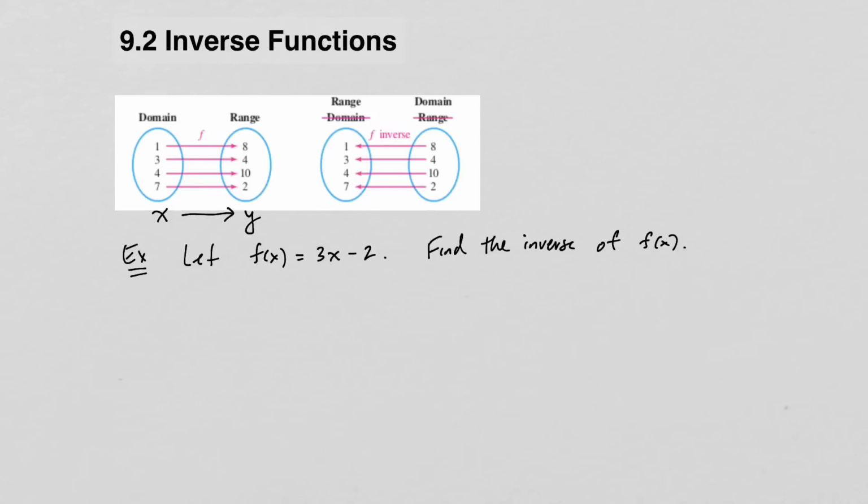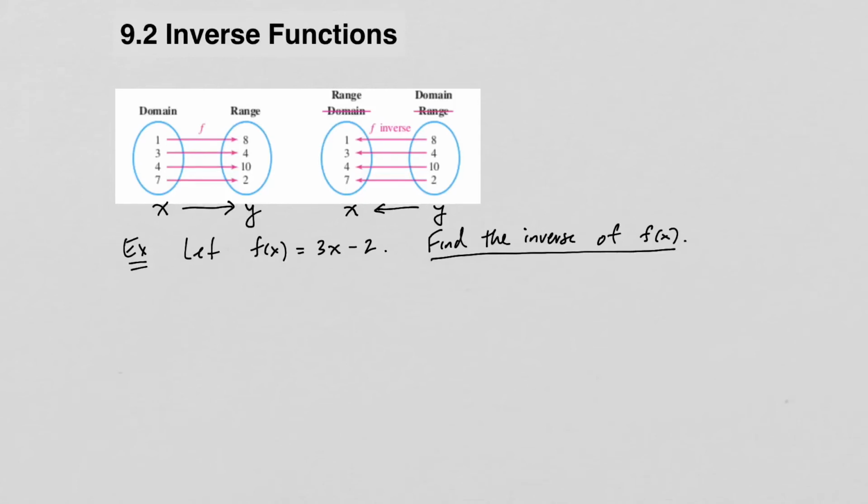And the inverse is going to take those y's and convert them back into x. So the roles of these functions is that x and y are reversed. Okay? So the first thing you need to do when you want to find the inverse of a function is invert the roles of x and y.